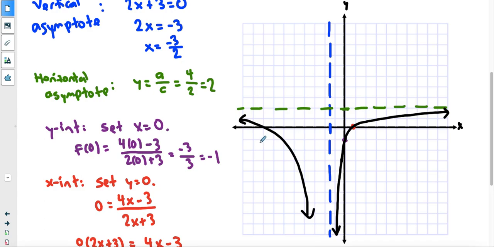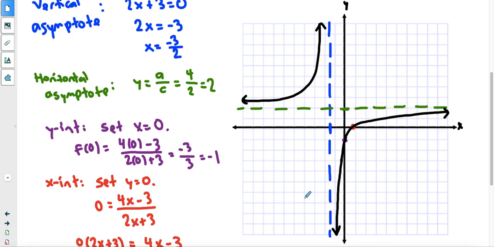So what does that mean? It needs to be above the horizontal asymptote to the left here. The reason I know that is because it only has one x-intercept. If it was below, then it would have to have two x-intercepts, which we know can't be the case here.